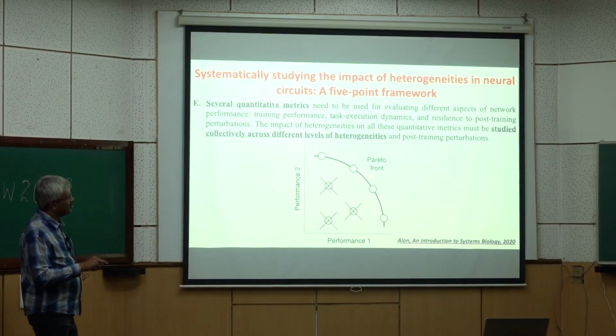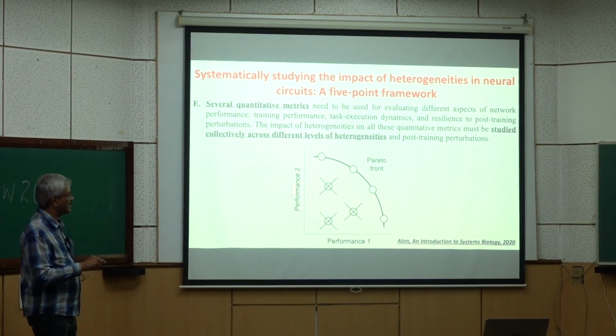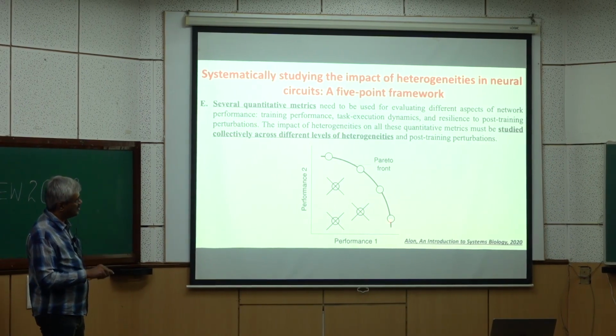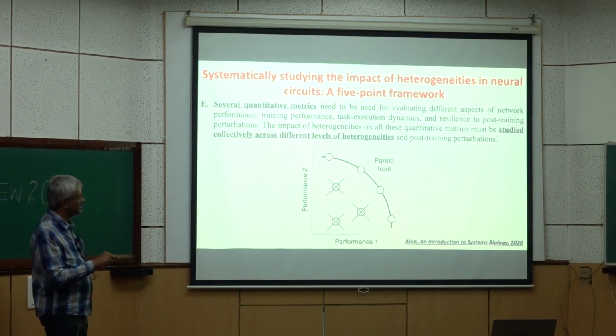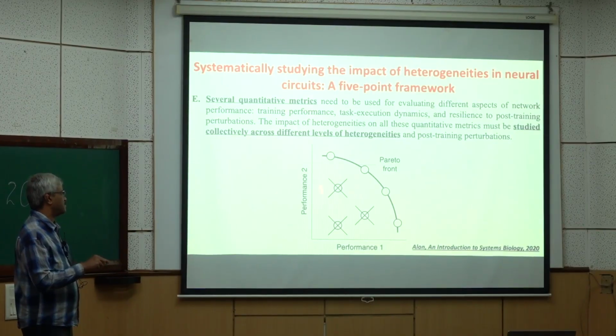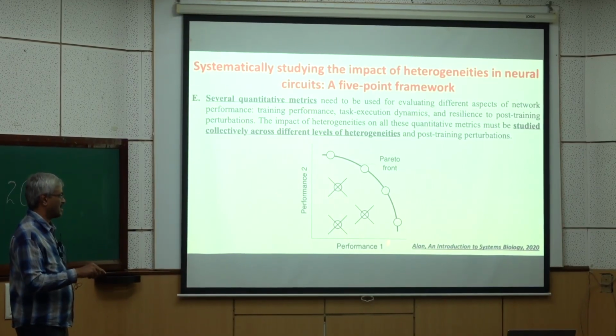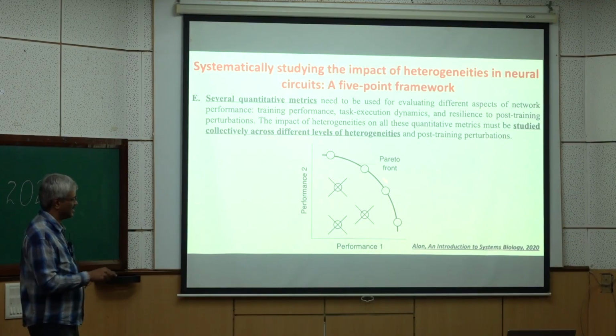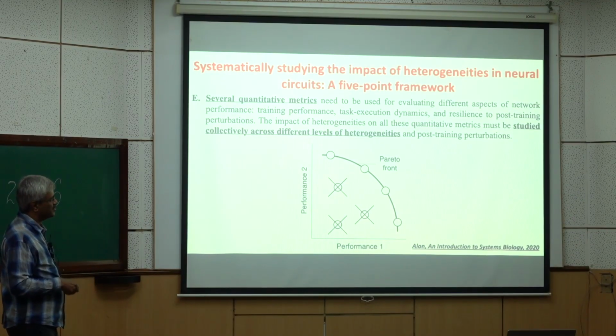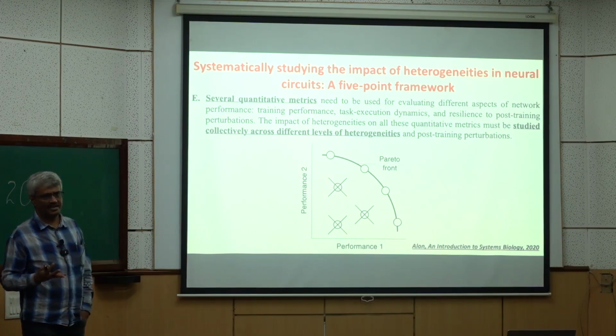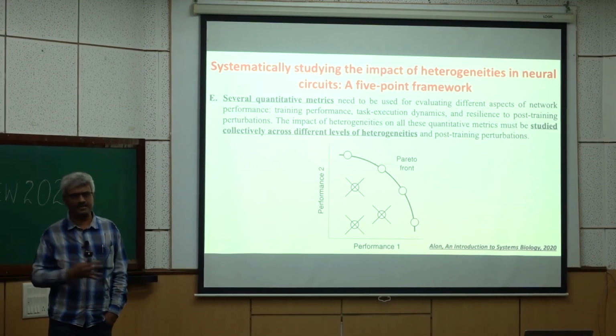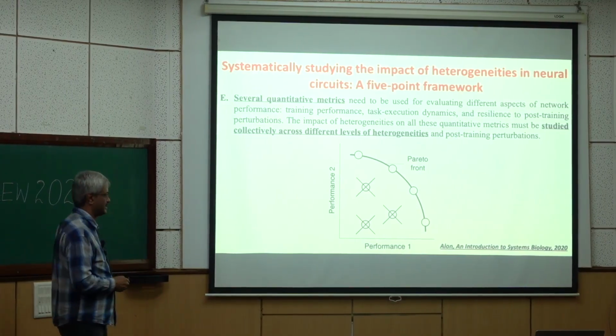On the other hand, there could be constraints on getting both together. There could be a front that is emerging, and you could have either high speed, low accuracy, or high accuracy, low speed. Therefore, it's very important to study the performance of the networks not just with one particular performance metric, but an array of metrics.